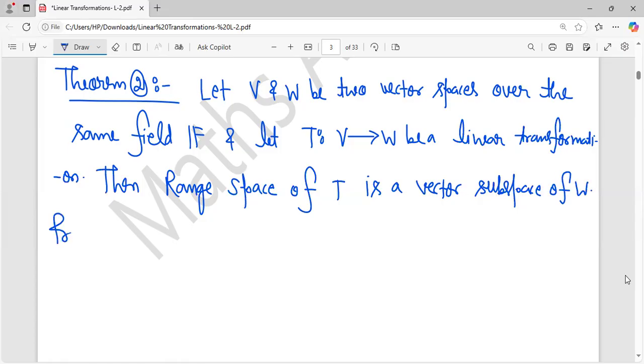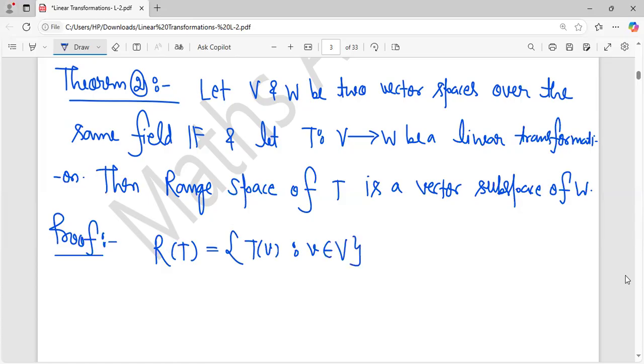So what is R(T)? R(T) is nothing but the set of T(v), v belongs to V. Now 0 belongs to V. This implies 0 is equal to T(0), which belongs to R(T).